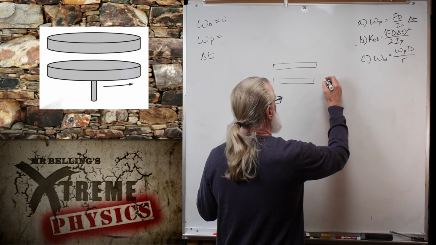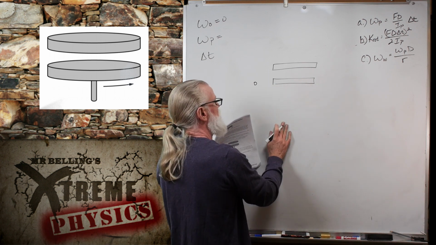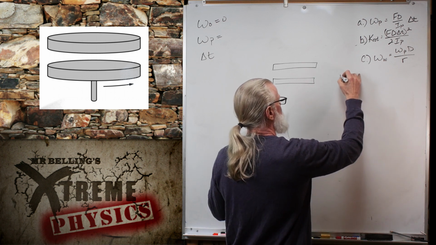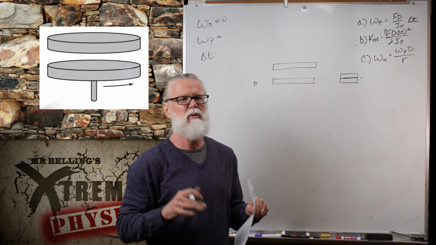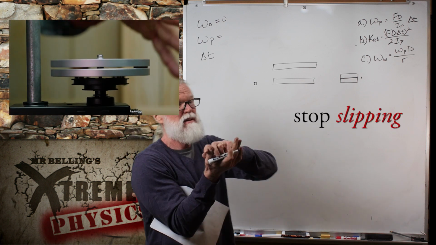Time 0 is before they come together, and time 1 is when they're together and spinning together. There's no more slipping. When they hit, they're going to slip a little bit for a little while, and then they're going to stop.